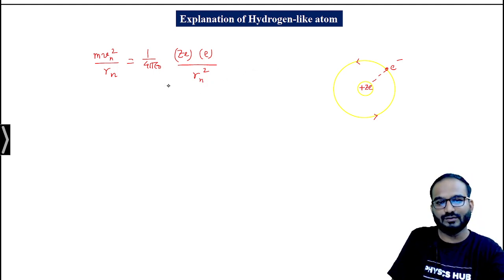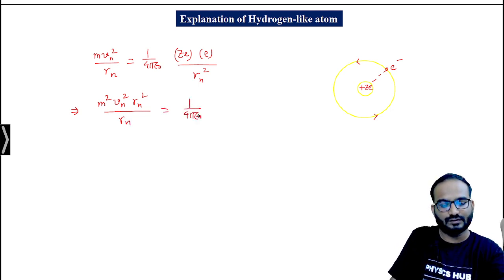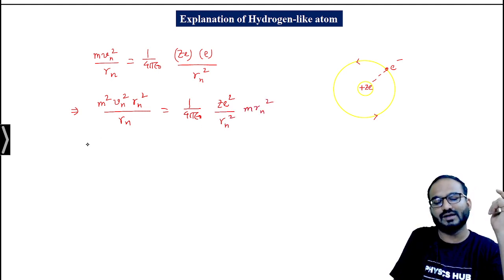Now what you are doing, you are multiplying m Rn on both sides. So m square vn square Rn square divided by Rn is equals to 1 upon 4 pi epsilon naught Ze square divided by Rn square into m Rn square. So we have multiplied both sides by m Rn. What is this? From the postulate we know this is L square.